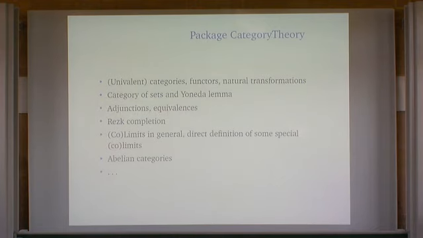Category theory is maybe one of the fastest growing packages in Unimath, simply because many people are interested in category theory and use it to do other stuff on top. There are categories and univalent categories, and most of this is very standard.